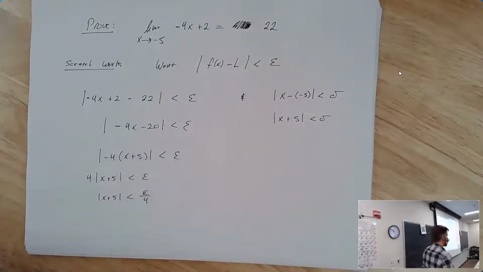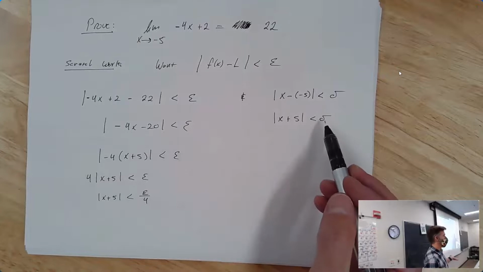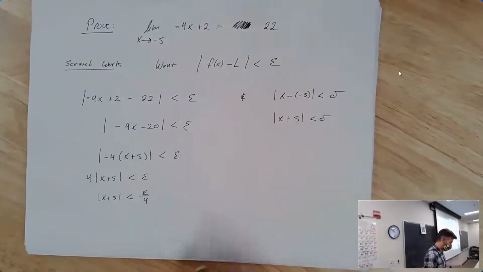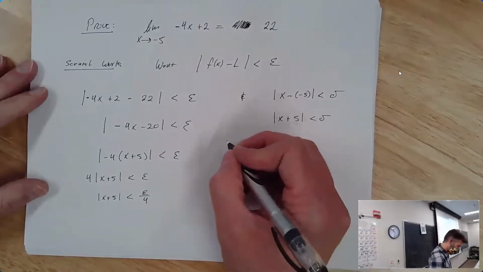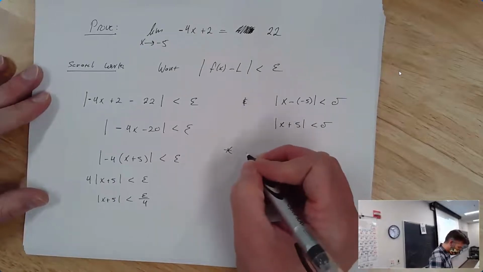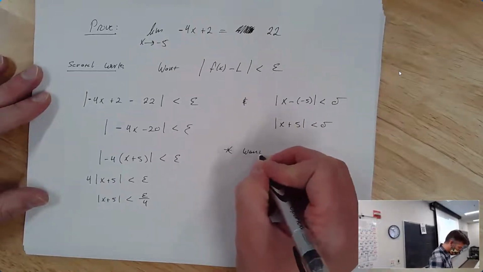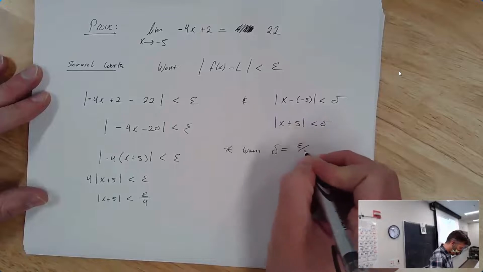You should never get epsilon divided by a negative number, because epsilon and delta are supposed to be positive. So here's what we want: delta equal to epsilon over 4.